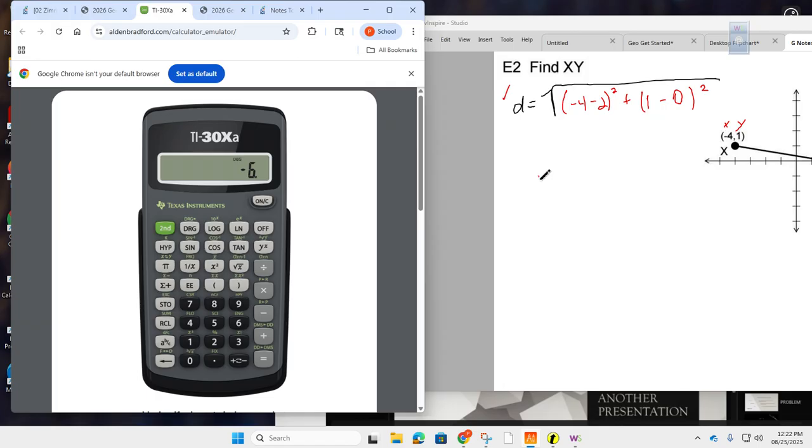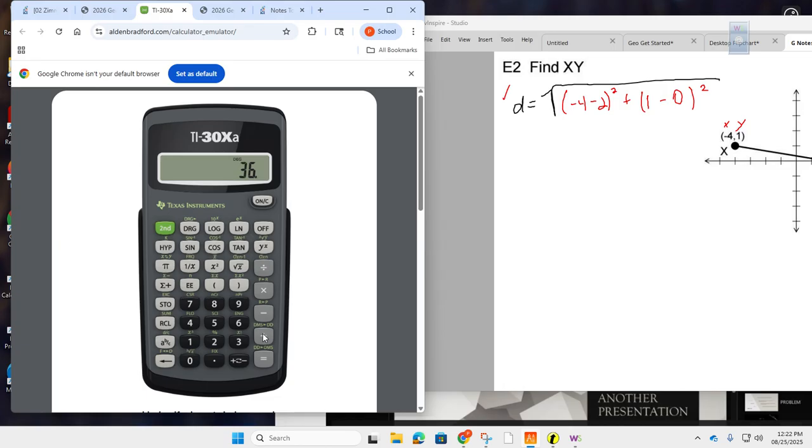Not the negative buttons, right? So real quick, do it again. Negative 4 is 4 negative with a calculator minus 2. Close our parentheses. Now we have to square it with the x squared button.